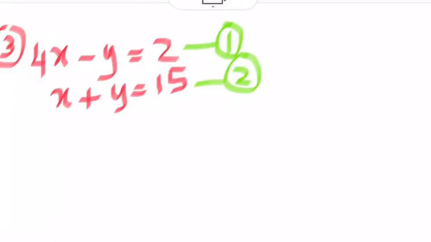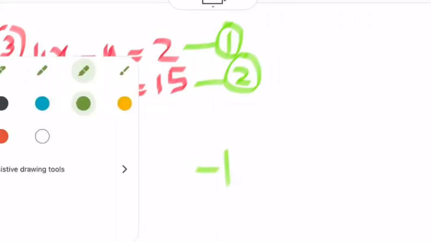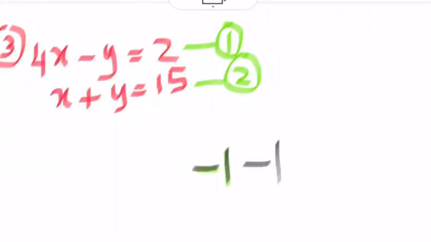Tambah. Kalau tolak, negative y minus y, negative 1 minus 1, dia dapat negative 2.